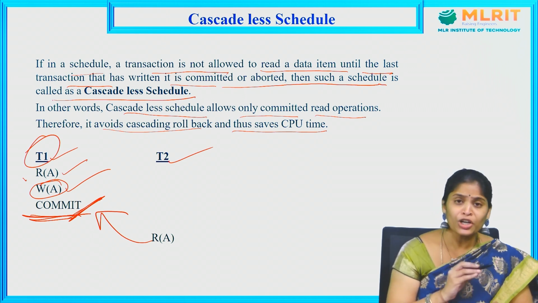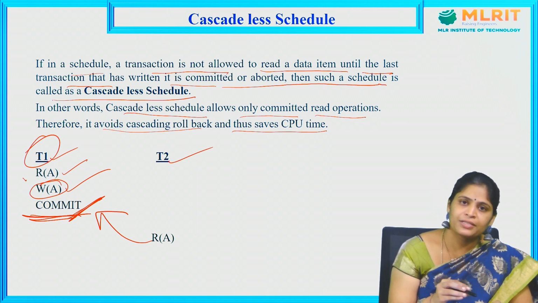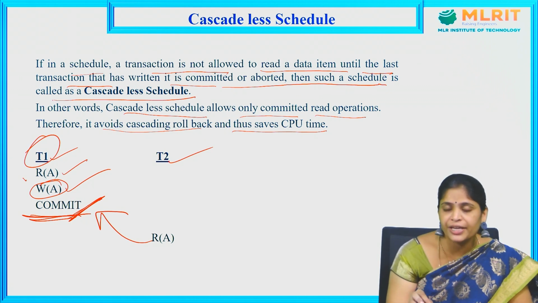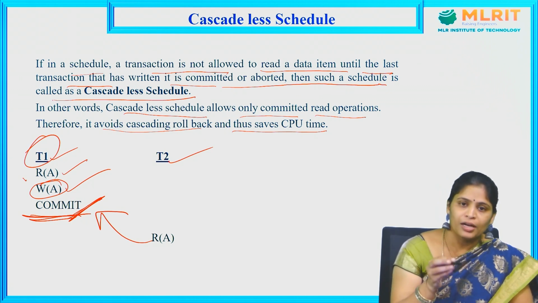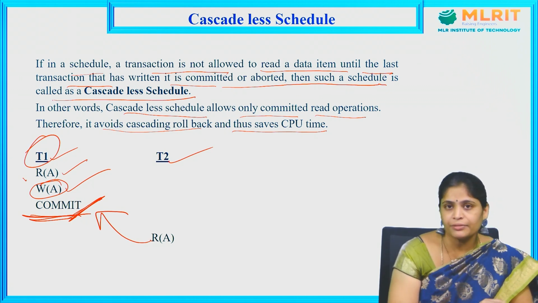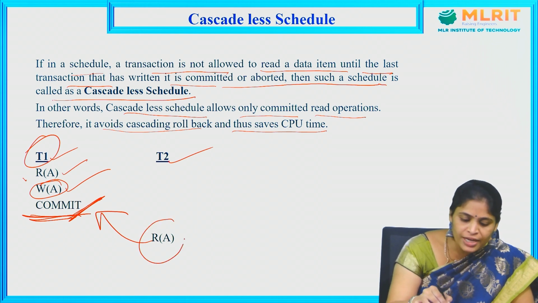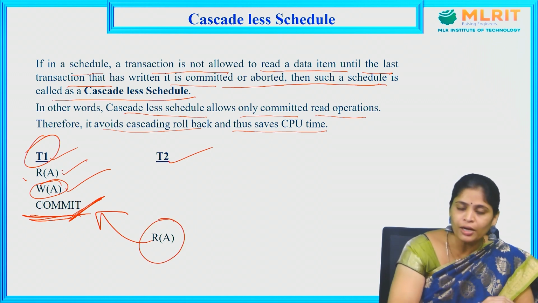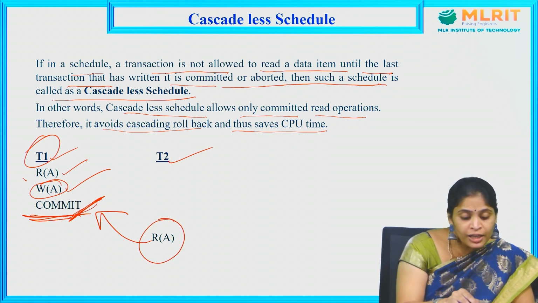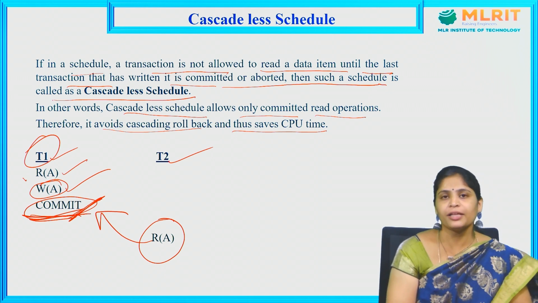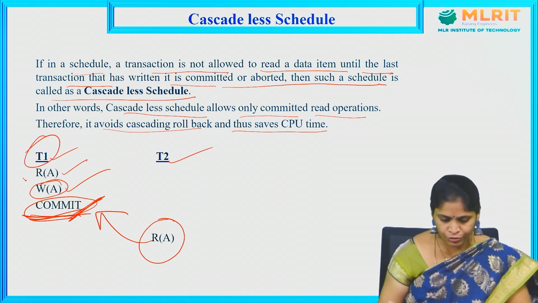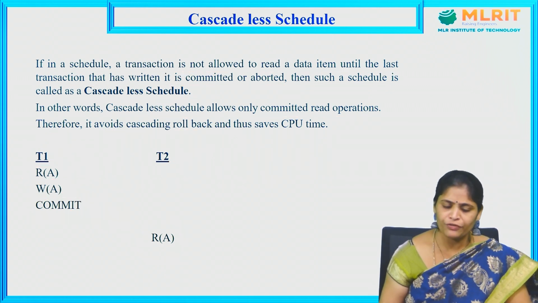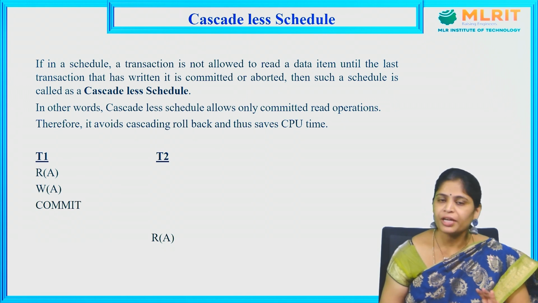To avoid the database being left in an inconsistent state, we must permit transaction T2 to read the data from T1 after committing T1. So this is one of the methods to overcome dirty reads.